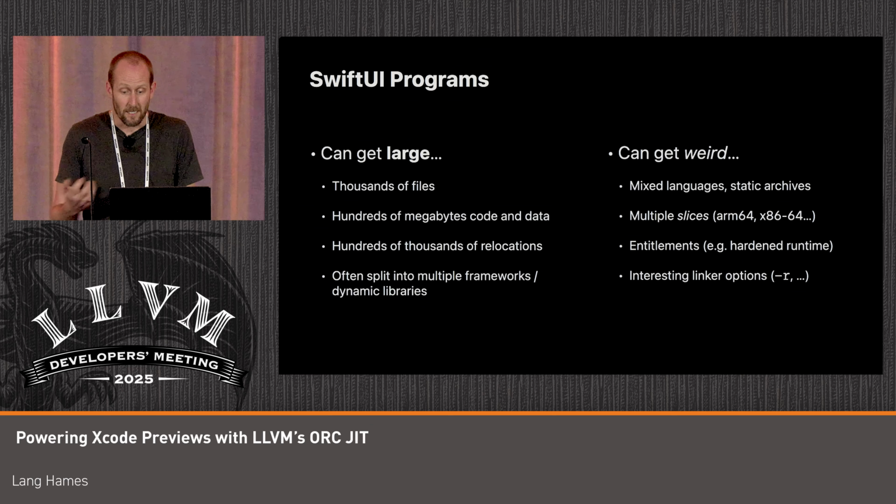We might adopt interesting linker options like -r, weak loading, and hidden linking, which I'll talk about later, and interesting assembly options. We do see some handwritten and machine-generated assembly, which differs from the assembly that might be generated by Clang. So we need to be able to handle all of that in order to run this previews feature.